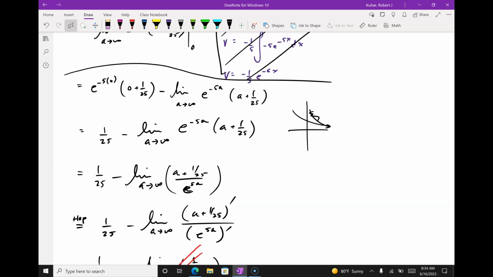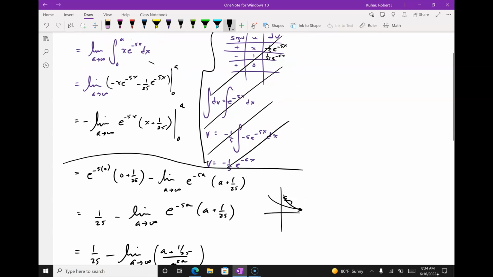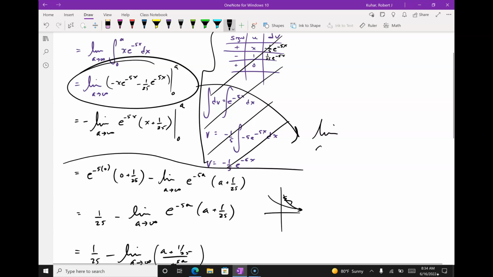So let's say we went back to here, because that's kind of the original setup. I did my integration by parts. I'm ready to evaluate, right? So if I evaluate here, I'm going to get the limit as a goes to infinity. Again, that limit is hanging out.